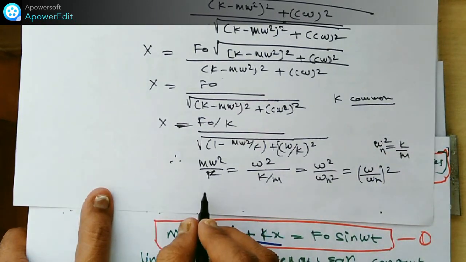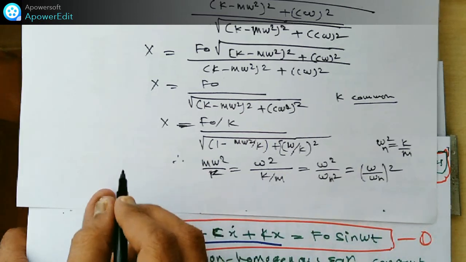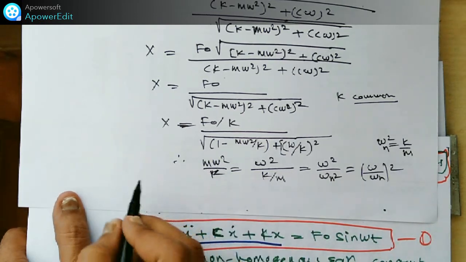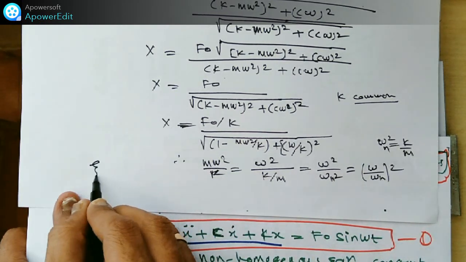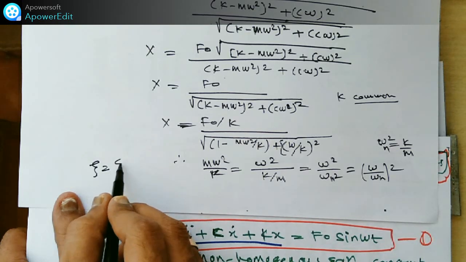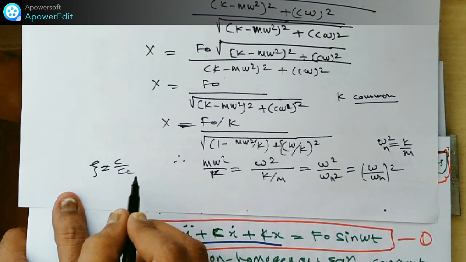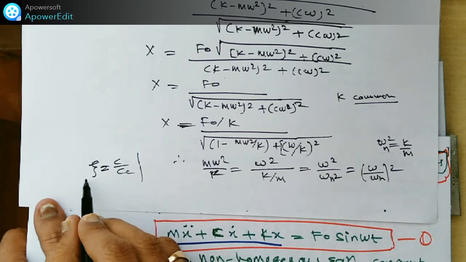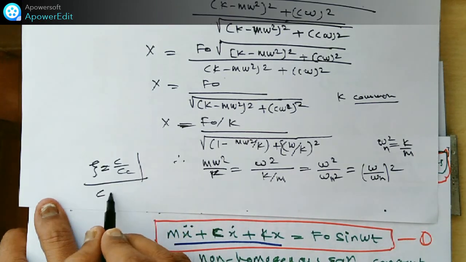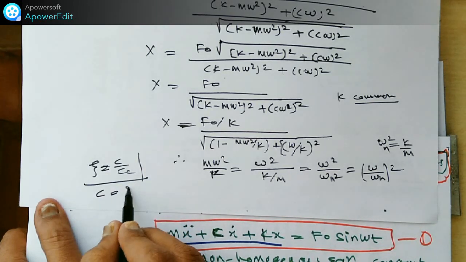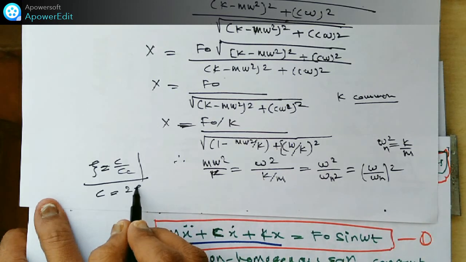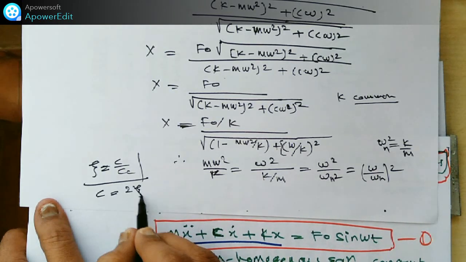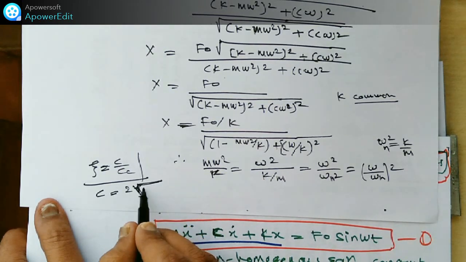And one more term is there. We know that the damping factor zeta is equal to c upon c critical, and c critical is equal to 2 into the square root of km.